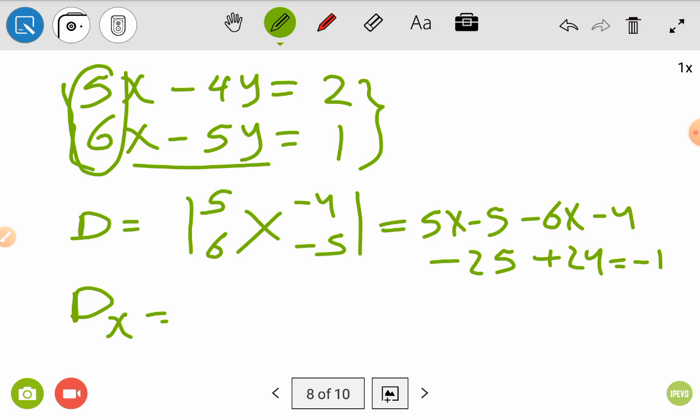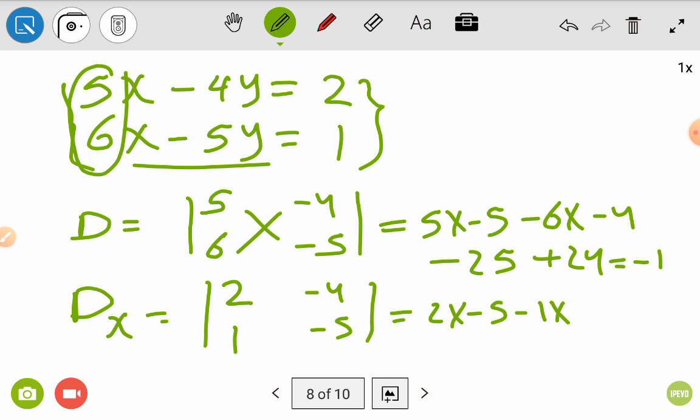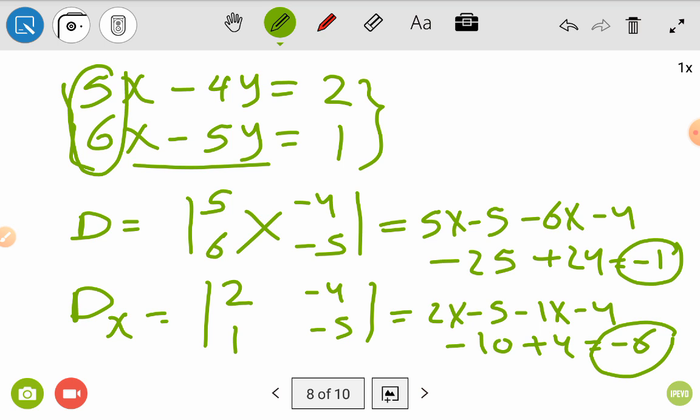The second step, Dx equals: here 2, 1 instead of the numbers of x, and leave the numbers of y, -4, -5. 2 times -5 minus 1 times -4, here -10 plus 4 equals -6. Here Dx and here D.